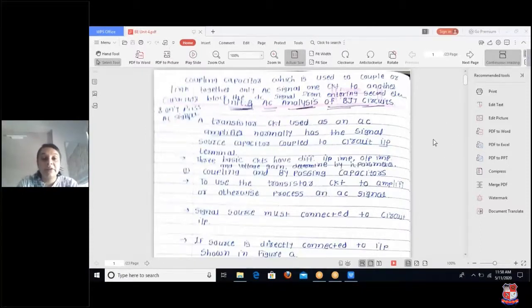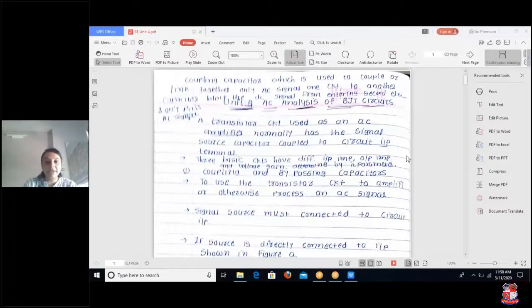So what is the coupling capacitor? A coupling capacitor is used to couple or link together the two sources. The function of the coupling capacitor is to block the DC signal and only let the AC signals enter.